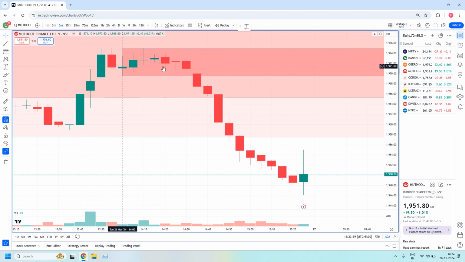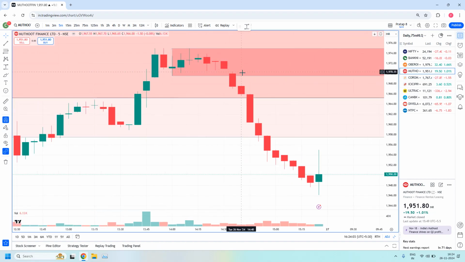So this is maybe a drop with 1, 2, 3, 4, 5, 6, 7 base candles. Drop with gap. Because the number of candles are more, next time also you can't plan a trade in this zone, because you have more base candles in this zone.